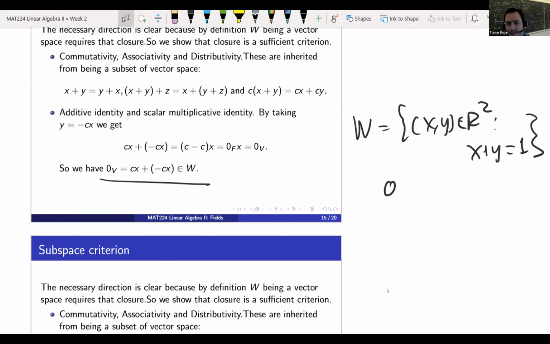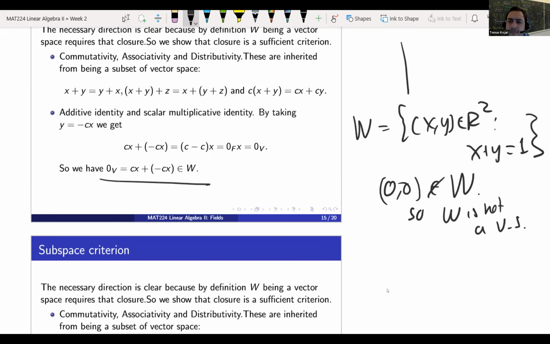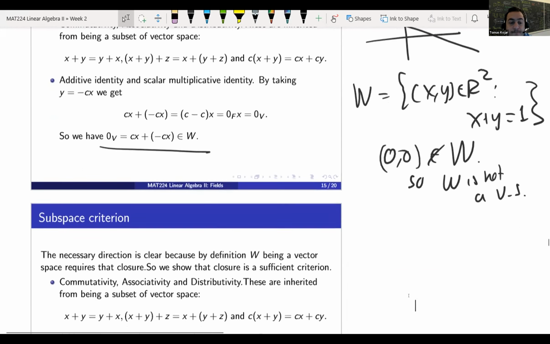Here you have that (0, 0) is not in W, so W is not a vector space. Even though it might look like a vector space, like if you draw this, you get a nice line and it looks like something you can do operations in, but it doesn't contain the zero element.